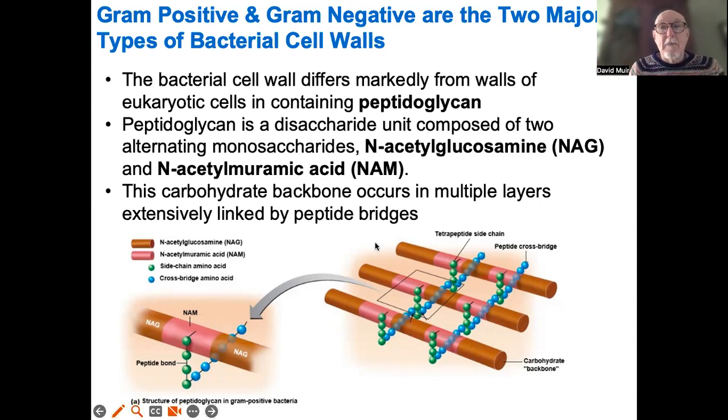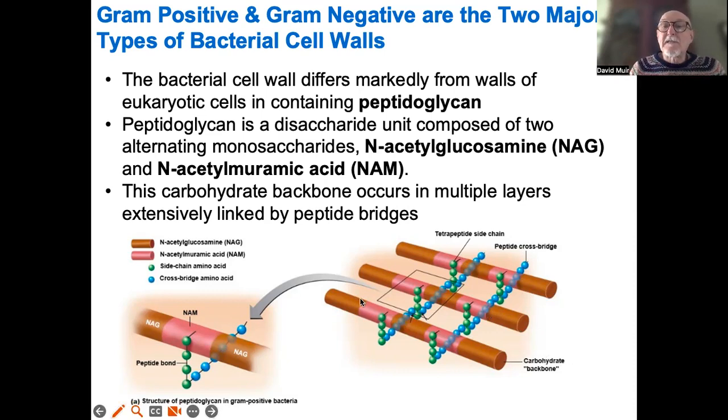Peptidoglycan, basically, it's a disaccharide. It has two kinds of sugar units, and they form these long filaments, which form the backbone, really, of the cell wall.